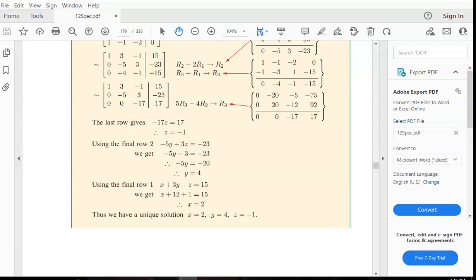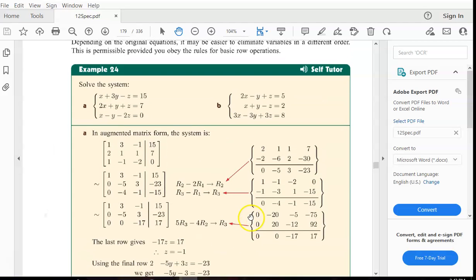Something like this, and in fact we can look at the one that they've done as an example. You've got our solutions here, 2, 4 and minus 1. If they did not ask you to do it using row ops, we all know you can go into equation, simultaneous. How many unknowns do we have? 3.